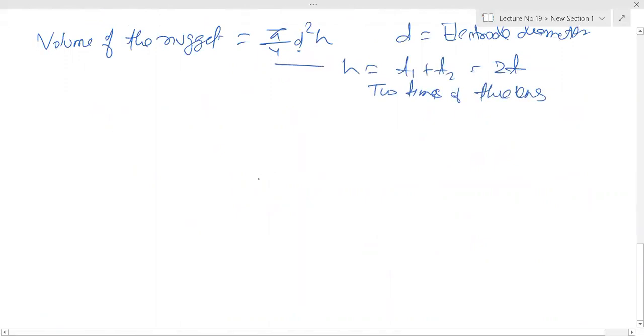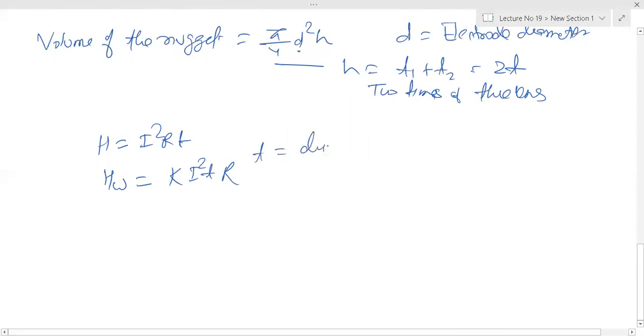So what is the heat energy balance? Heat energy balance says that heat generated at the source is I square RT, and heat available for the weld in this spot welding is K I square RT, right?